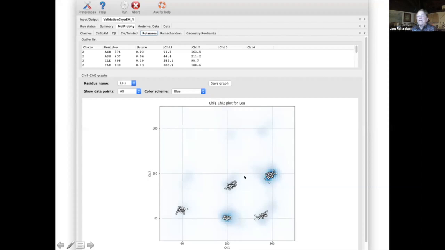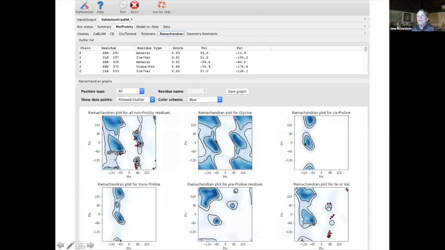And again, you can take an outlier and go and look at it. And a Ramachandran plot. Now this one here was very badly mishandled. That's a really poor Ramachandran plot, particularly obvious in the general case here and in the isoleucine case.